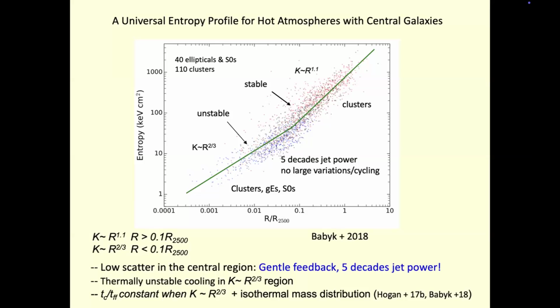And it's a very interesting region there because, when K is proportional to R to the 2/3, and when you assume an isothermal mass distribution, which you can generally do by modeling the stellar mass plus the gas mass in the inner regions as an isothermal, at that point the ratio of the cooling time to free fall time becomes a constant.